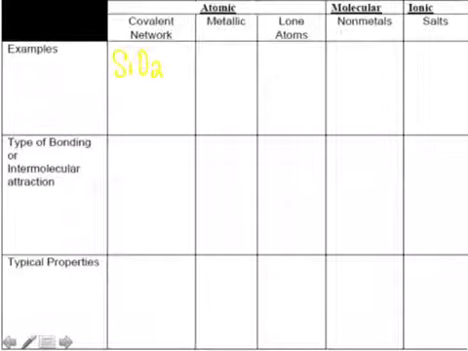We care about silicon dioxide and any of our carbons, solid carbon. Metallic: give me some metallic atoms. Iron. What else? Gold. Silver. Okay. And any lone atoms, those two special lone atoms: sulfur and phosphorus.